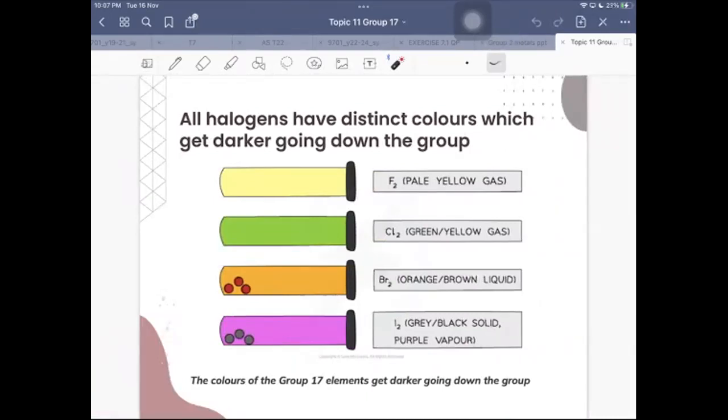All you have to do is to describe and basically memorize the colors, bearing in mind that fluorine and chlorine are gases, bromine is a liquid, and iodine is solid. And it sublimes really well. That means it turns from solid to gas, skipping the liquid state.